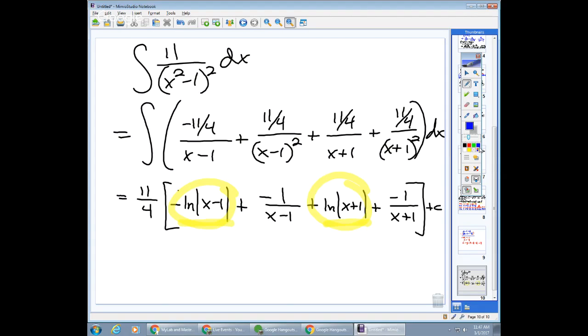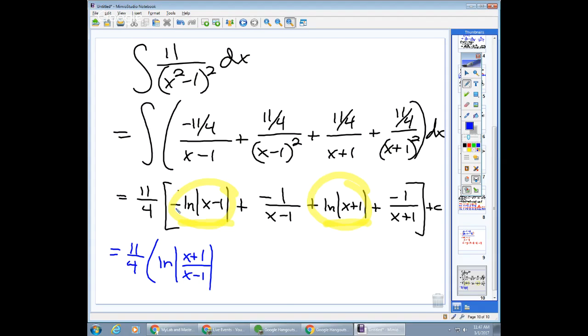So let's switch colors, clean this up a little bit. My guess is the online homework might accept this. So I got my 11/4 hanging out front. And then in here, those two, I believe, could be called the natural log of the absolute value of x plus 1 over x minus 1, because the x minus 1 has the negative on it, so it's the divisor.